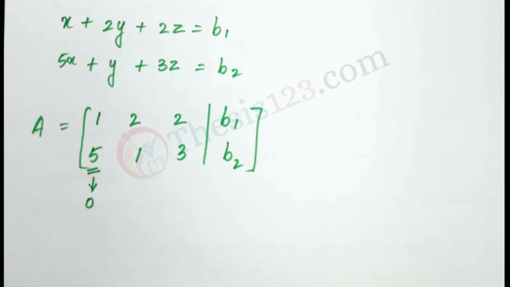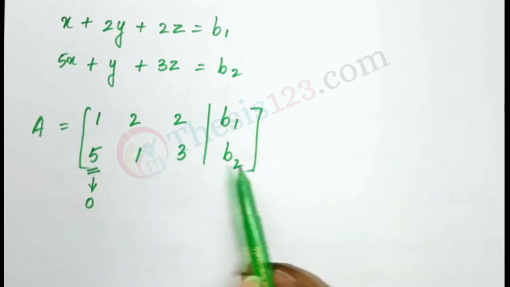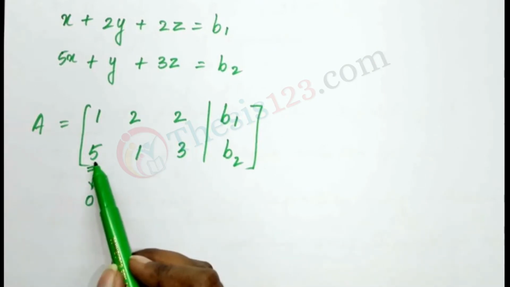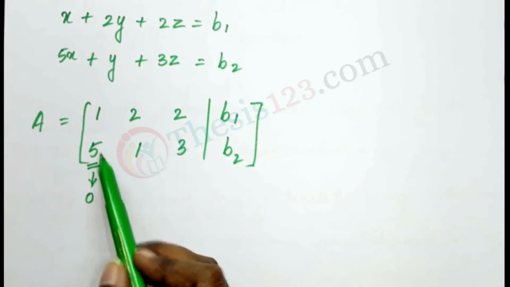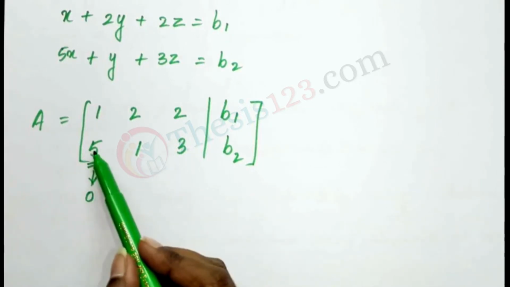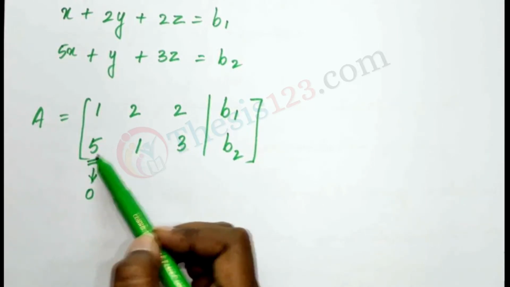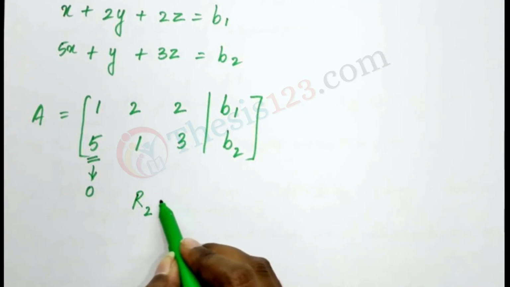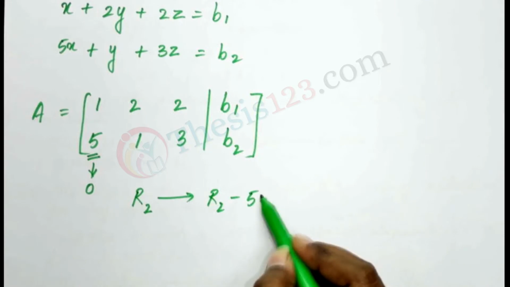How do we do that? Now if you notice here, we have two rows here, R1 and R2. Concentrate on row R2. Now in order to make this element 0, we would have to do R2 minus 5R1. We utilize the element that is right above it in order to make this element 0. So the new row R2 would give us R2 minus 5R1.